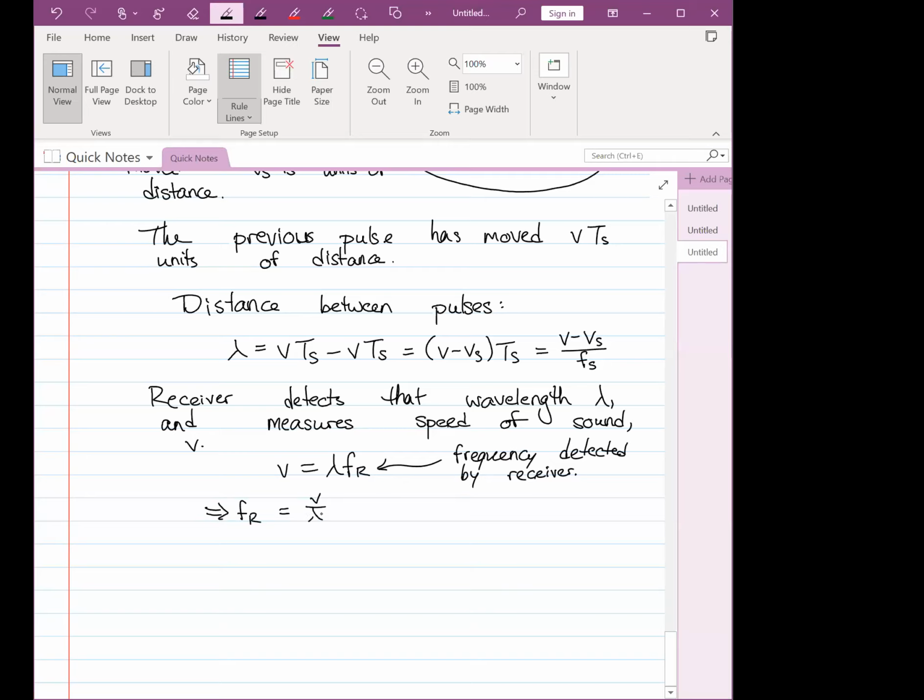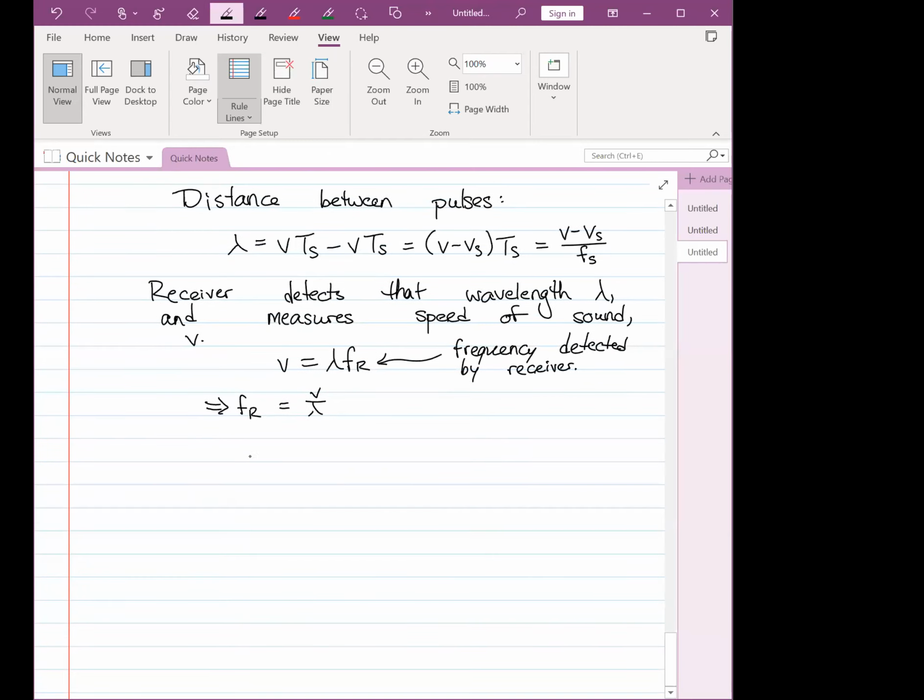Now we already know what lambda is, the distance between waves of this wavefront. Plugging in our result above, f sub r is v divided by (v minus v sub s) over f sub s, which is rewritten as f sub r equals v over (v minus v sub s) times f sub s.